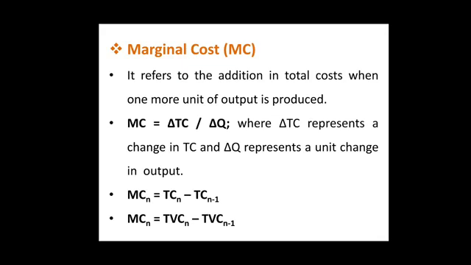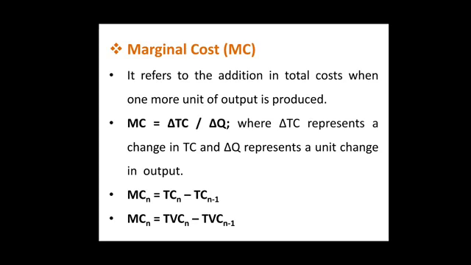On the other hand, if there are only growing variable costs in the short run, marginal costs will be equal to variable costs. So, marginal cost can be calculated from total variable costs, since in the short run it is only the total variable costs that change with the change in output.